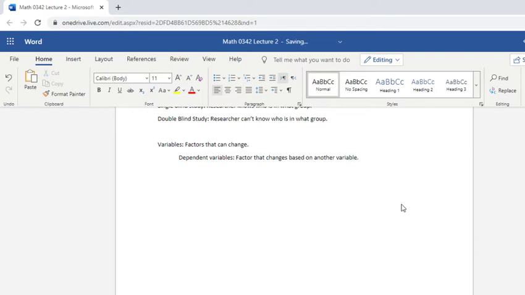Now, opposed to this is the independent variable. Okay, so just like it sounds like, this is a variable that isn't dependent on another variable. It isn't changing because another variable changed.